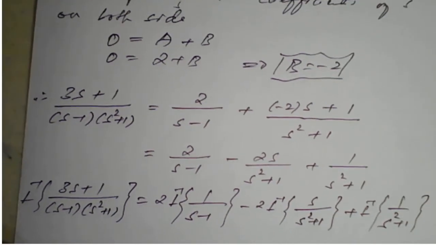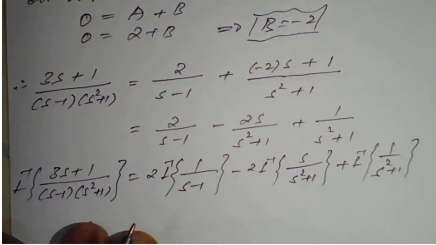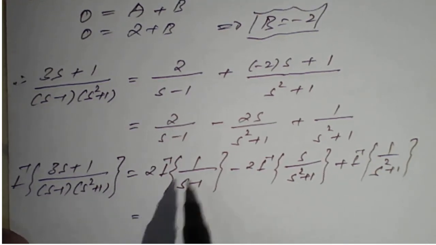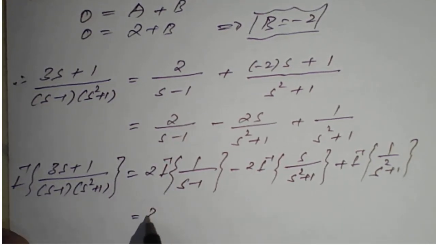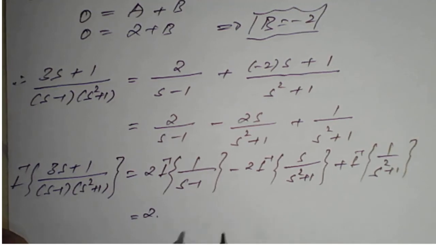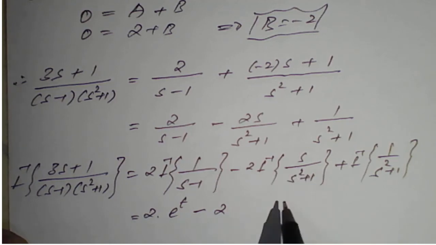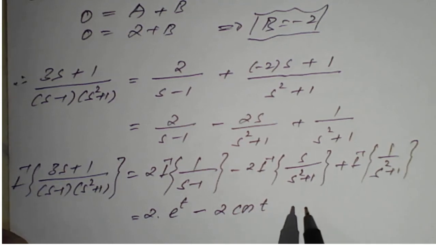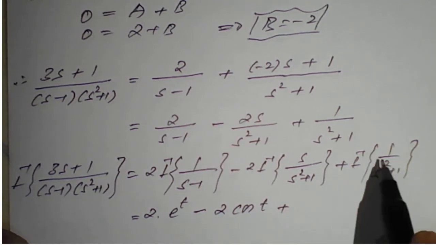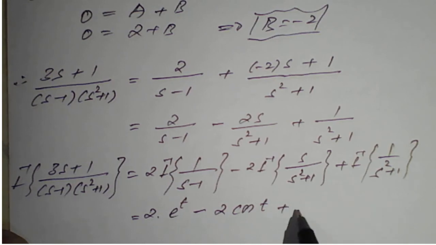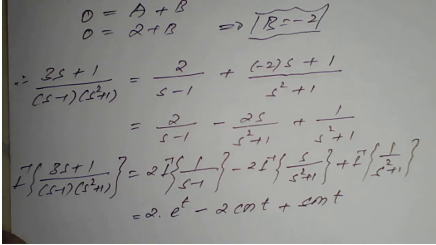Now we apply the results. 2 times the inverse Laplace of 1 upon s minus 1 is e raised to t, minus 2 times the inverse Laplace of s upon s square plus 1 is cos of t, plus inverse Laplace of 1 upon s square plus 1 is sine of t, 1 divided by 1, which is 1 itself.